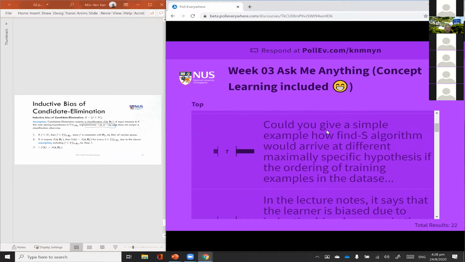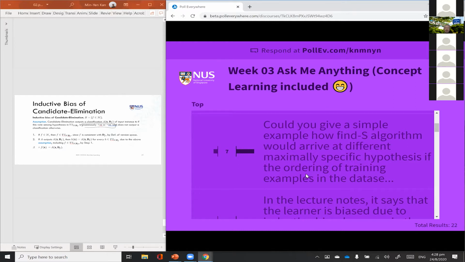So when you have the same training examples in a different order, you may end up with a different maximally specific hypothesis. You're going a different way in the lattice, and that can lead you to a different specific hypothesis.